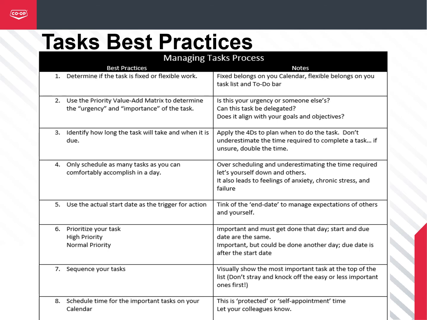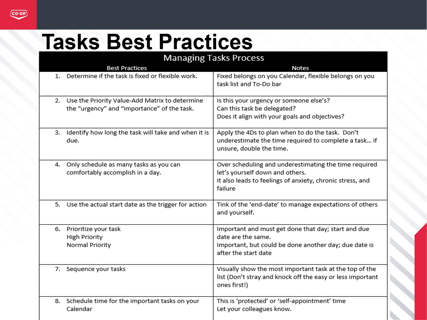Overscheduling and underestimating the time lets yourself down and others down often. What happens when we do that is it leads to feelings of anxiety, chronic stress, and failure. So although we know that there's many things we need to do in a day, we really need to spend the time to decide what activities we're adding value to and what ones can wait.